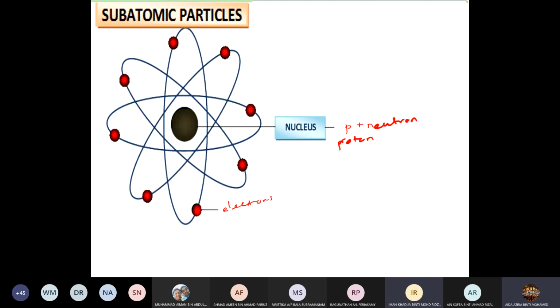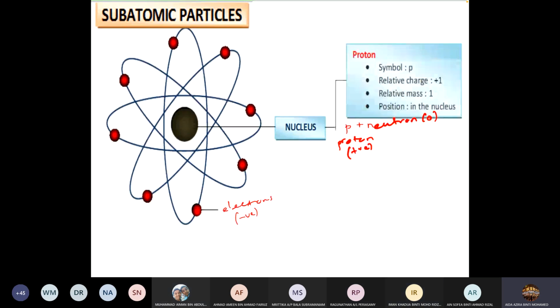Among these three subatomic particles, which one has no charge? Neutron. Yes. Neutron has no charge, whereas which one is positively charged? Proton. Very good. Proton is positively charged, and therefore electrons are? Negatively charged. Yes. Okay, perfect so far.